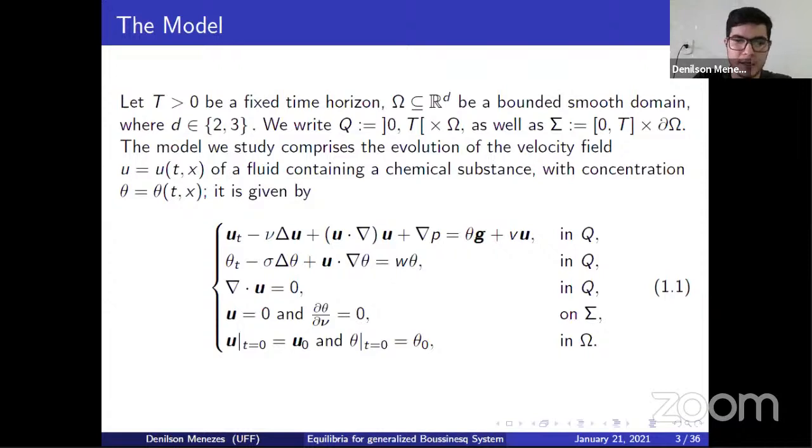I think we began with this Dirichlet condition, and after this we changed to Neumann condition. But you can have the same results for existence and uniqueness for the system with Dirichlet condition. Okay.